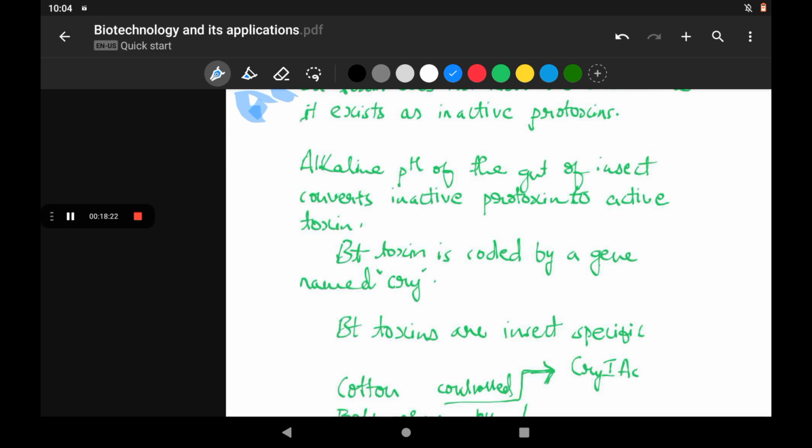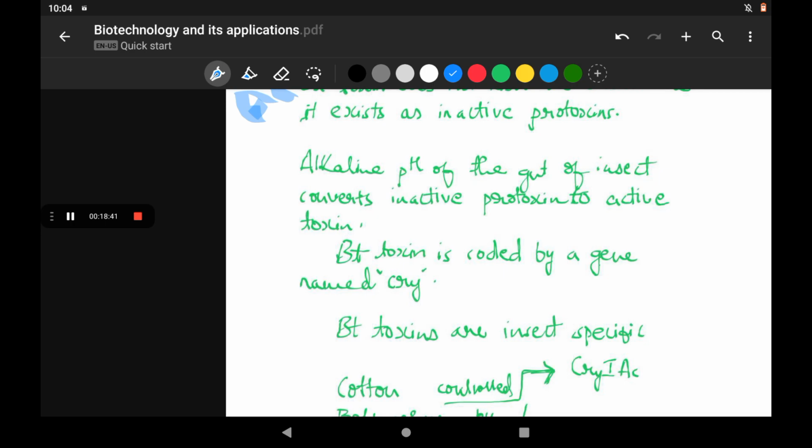Bt toxin is coded by a gene which we call Cry. The Cry represents the crystalline nature of the Bt proteins. They are crystalline in nature. So Bt toxin is coded by a gene named Cry.